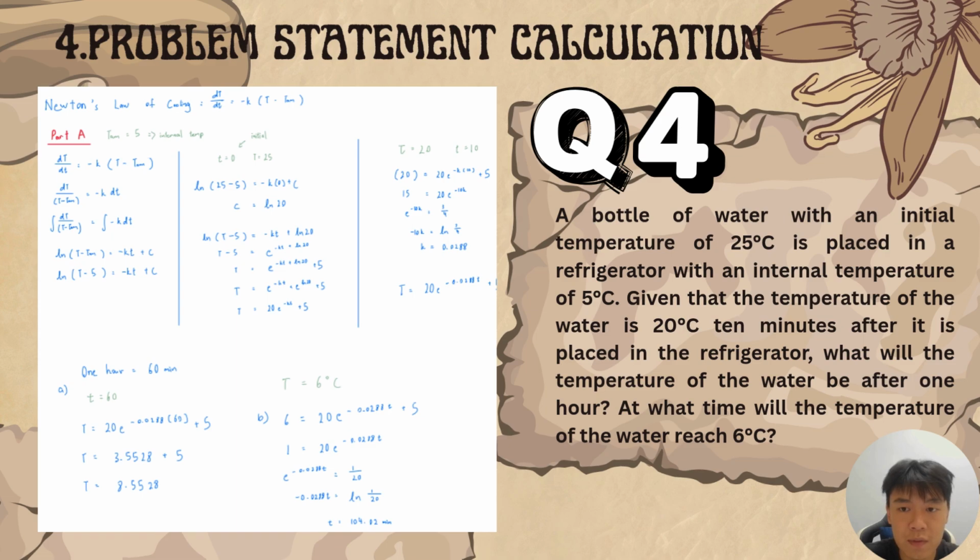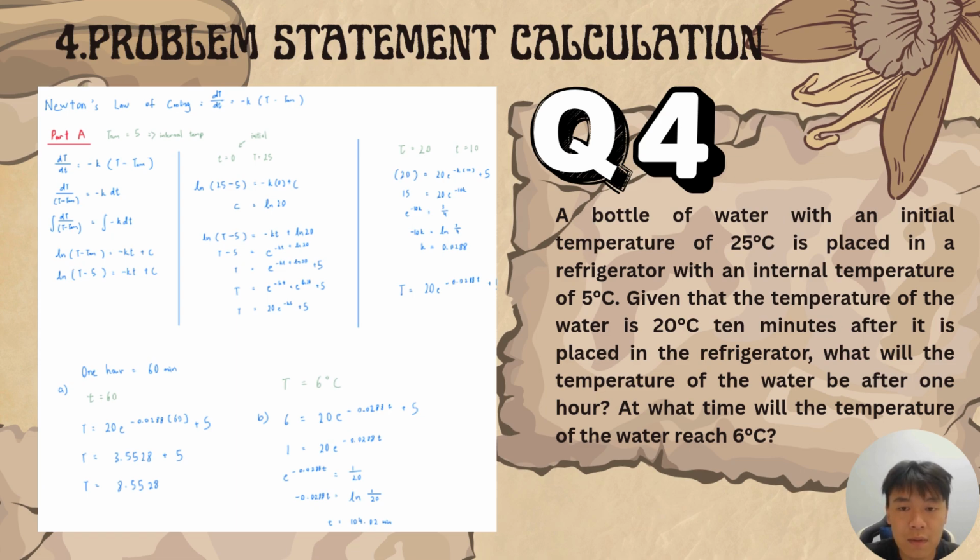The first step we do is bring T minus T_am to the left hand side and bring dt to the right hand side. After that, since we have dT over T minus T_am, the variables are the same, so we can integrate. After integrating, we get ln(T minus T_am) equals negative kt plus C.